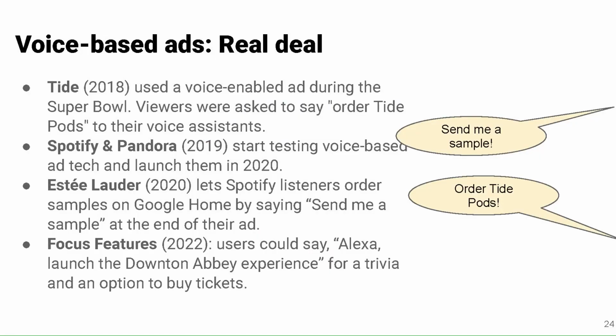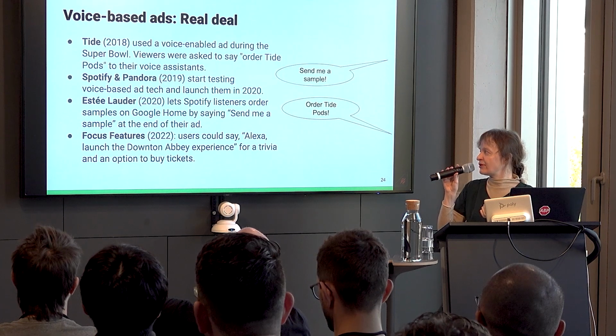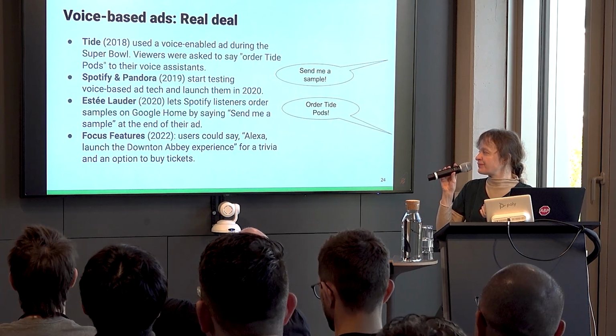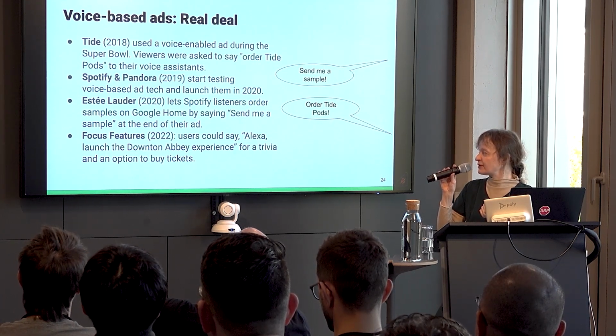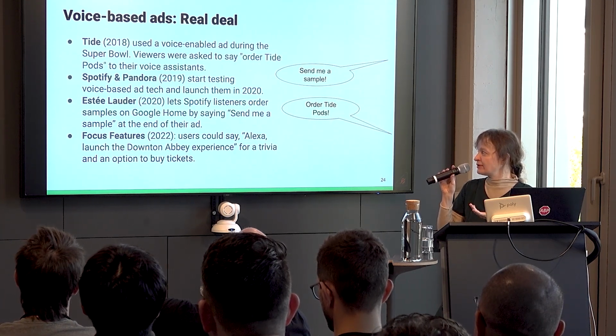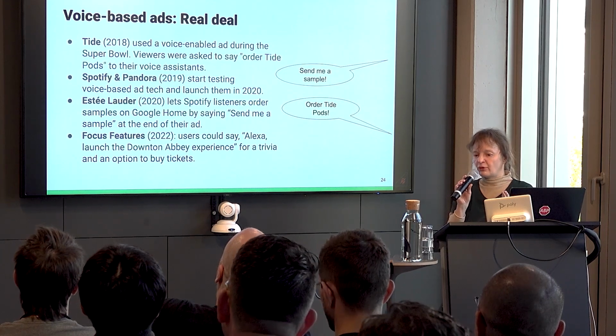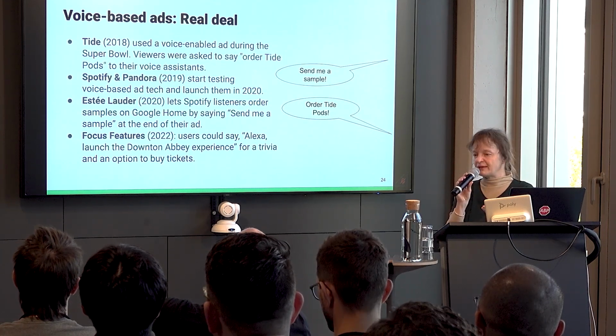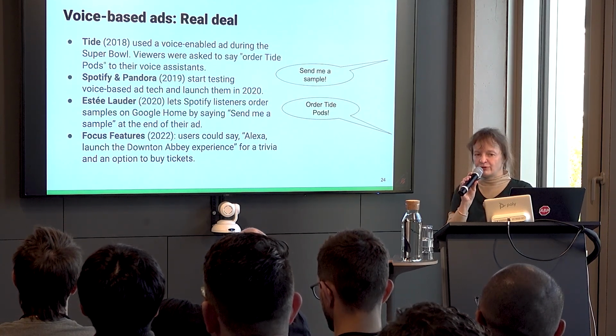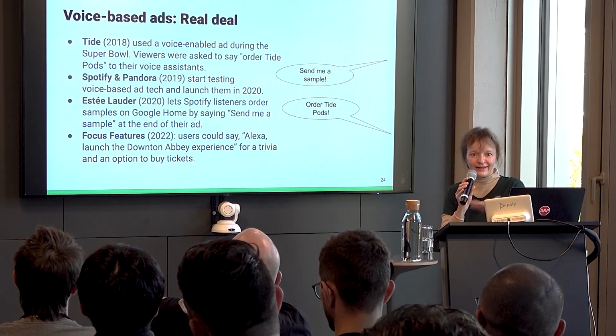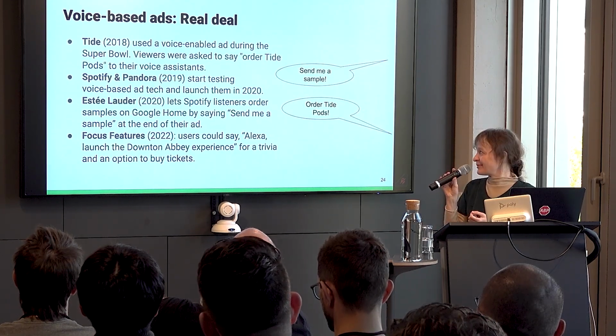Tide started using voice-enabled ads, and Spotify and Pandora started testing their voice-based technology. So you listen, and you say, okay Google Home, send me a sample. Users say, send me a sample, and they get a sample of something.